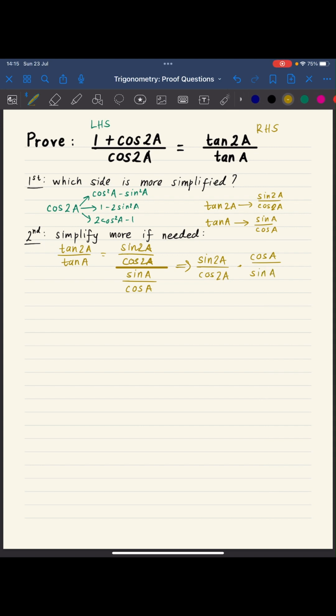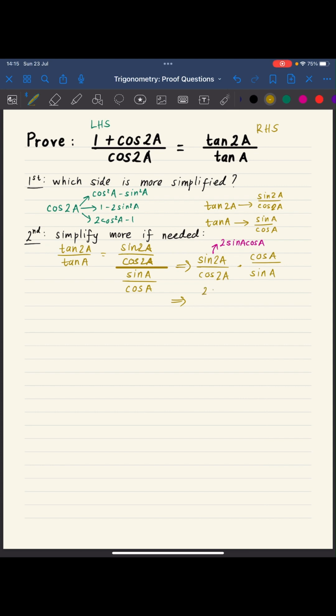Now, the nice thing about this identity that we have here, the sine 2a, is that it can only be expanded in one way, which is 2 sine a cos a. That's the only way in which it can be expanded. So let's deal with that. If we expand it like that, remember we are still trying to simplify the most simplified side if needed, and it is needed over here.